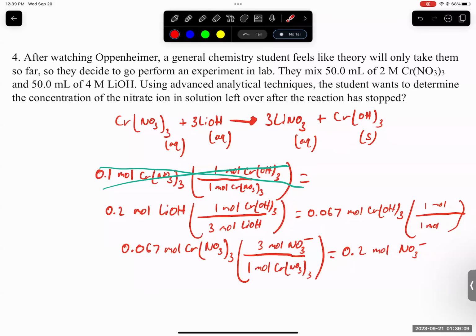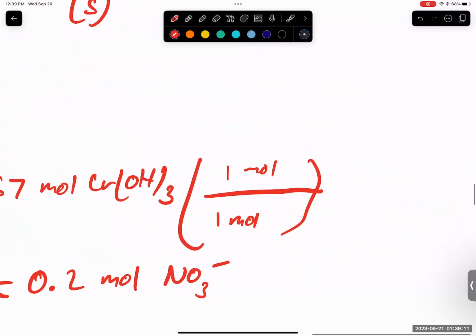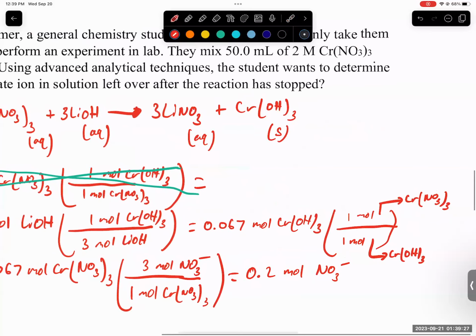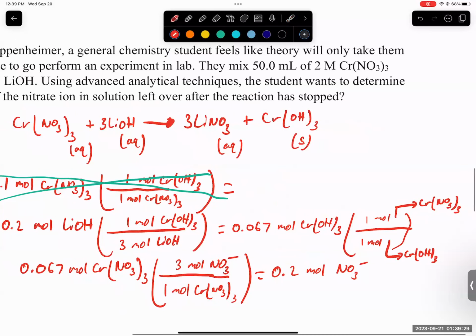I don't like to write it out because there's less space, but I should have in this case, my bad. The bottom would be chromium hydroxide, and the top would be chromium nitrate. But doesn't the chromium hydroxide have 3 moles? No, there's 1, if you look at the equation.